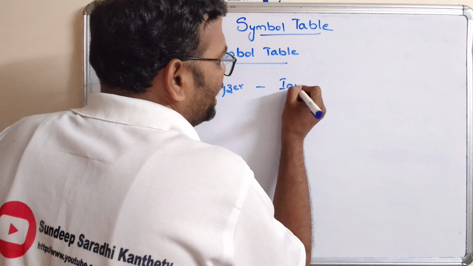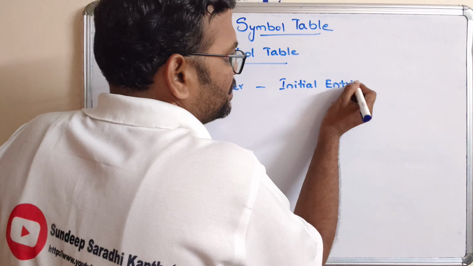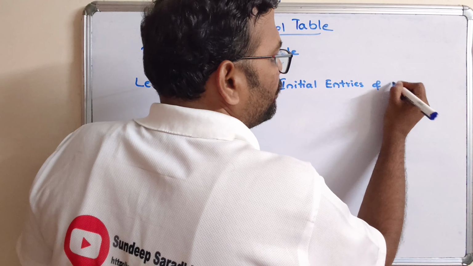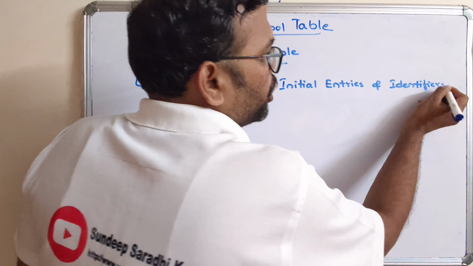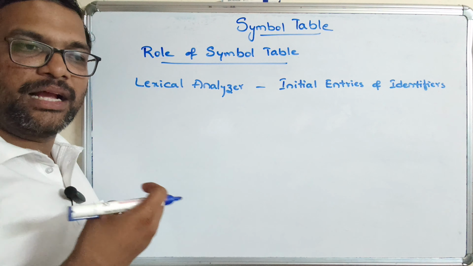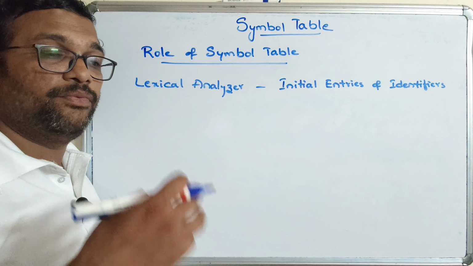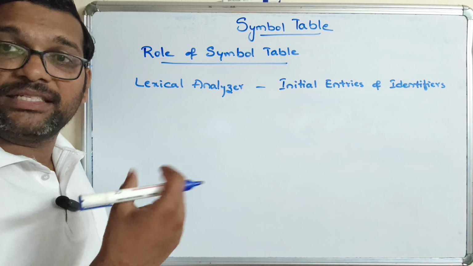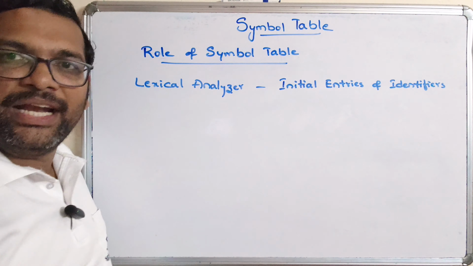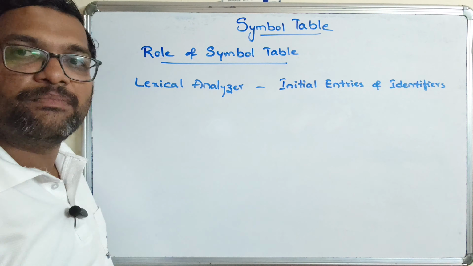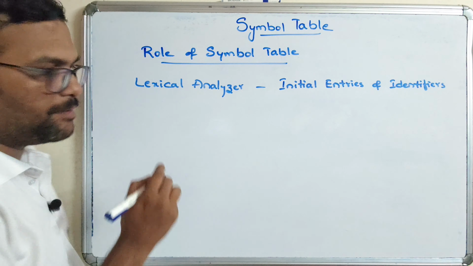All the initial entries of identifiers will be made, because in the lexical analyzer the complete program is divided into tokens, which are considered lexemes. We have studied that. So initial entries of identifiers are made in the symbol table. This is the role of the symbol table for the lexical analyzer.